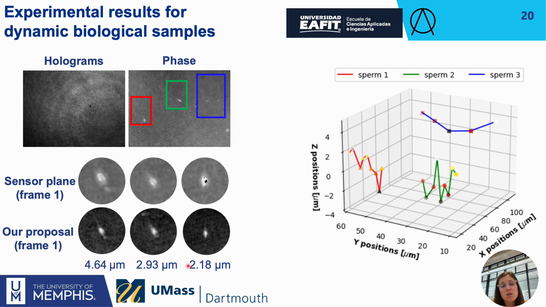So now we know the centroid distance, x, y, but we also know the C value, so we can generate this nice 3D tracking across time of how the position is moving for every sperm within the field of view.